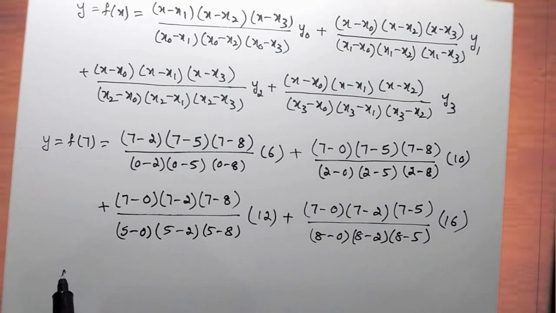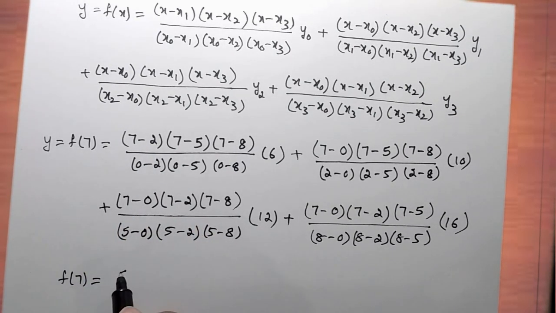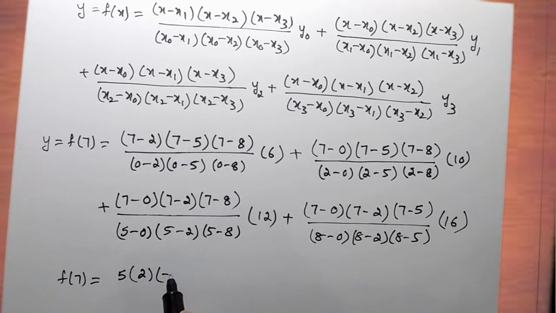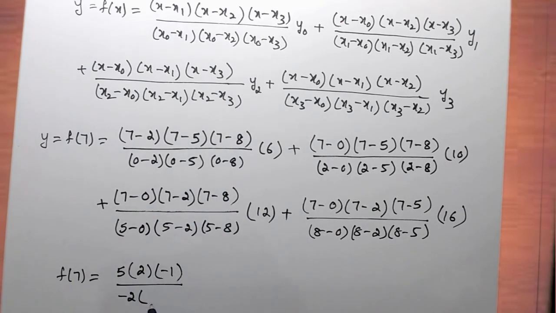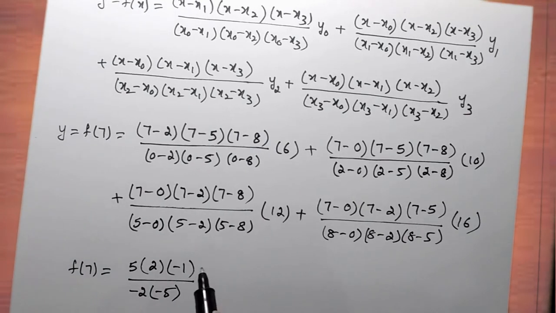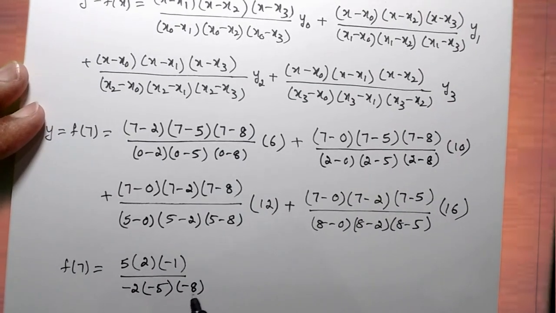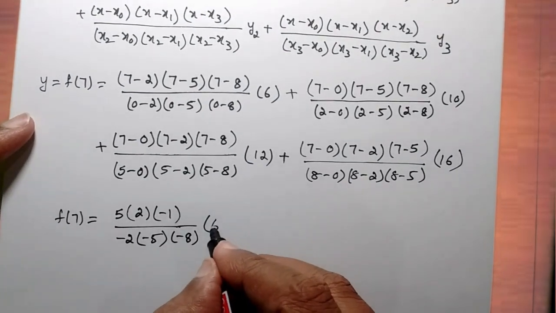So therefore you will be getting f of 7 equal to, you can just simplify: 7 minus 2 will be 5, 7 minus 5 will be 2, 7 minus 8 will be minus 1, whole divided by minus 2 into minus 5 into minus 8, times 6.